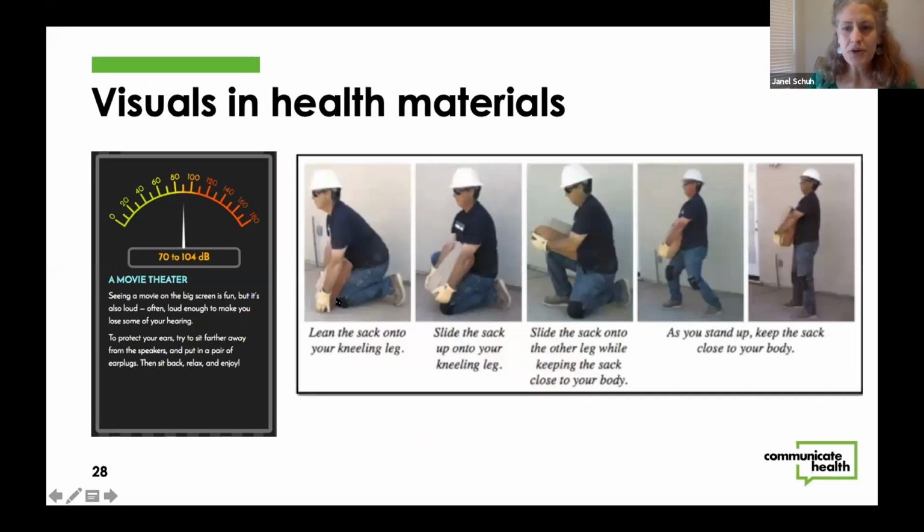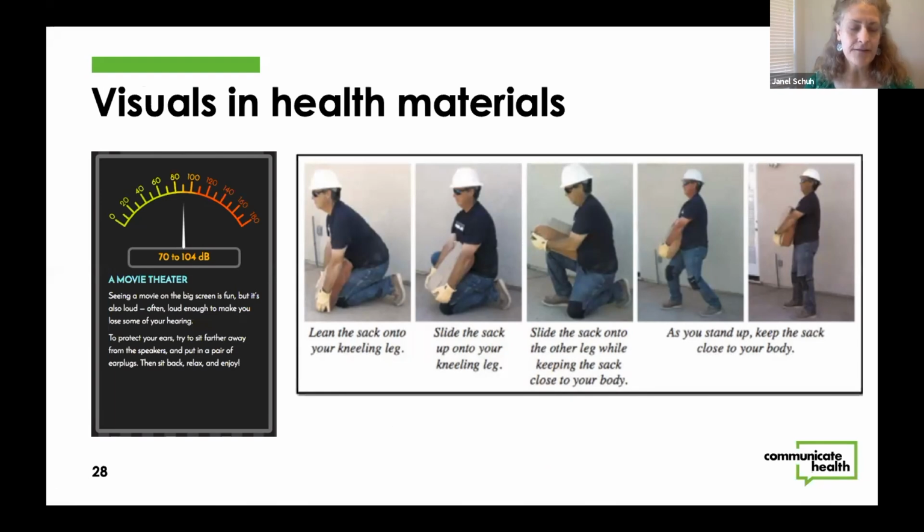I'm going to show you a couple examples that we have here. And one of the neat things about visuals is they're kind of endless in terms of shape, style, and what they talk about. So one of these is from the Agency for Toxic Substances and Disease Registry, ATSDR.